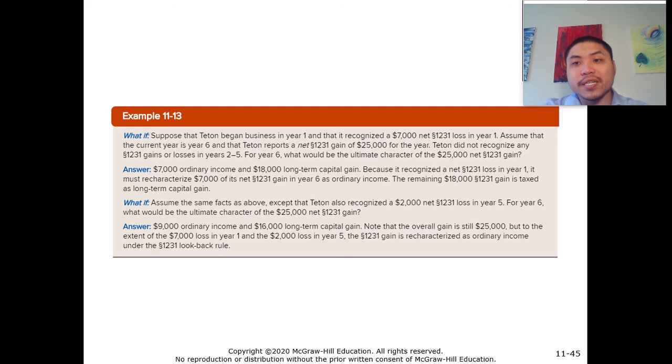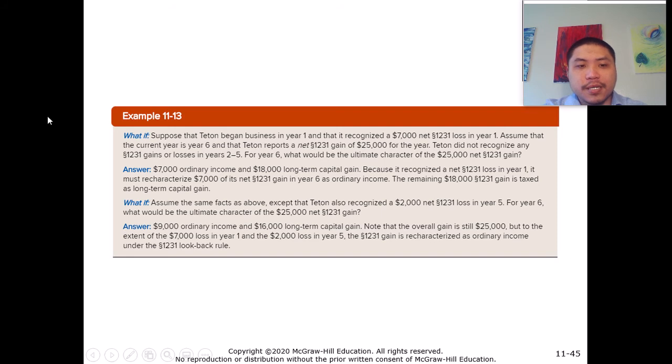And then the remaining $18,000 is going to be treated as Section 1231 gain, which pretty much is long-term capital gain and going to be taxed at a preferential rate, right? So that's pretty straightforward.